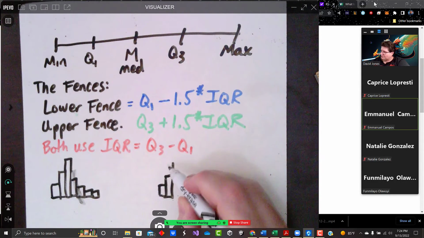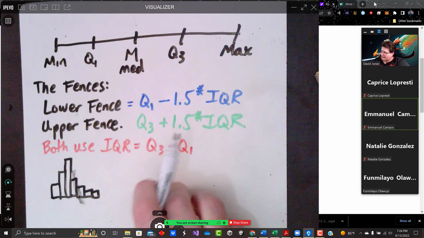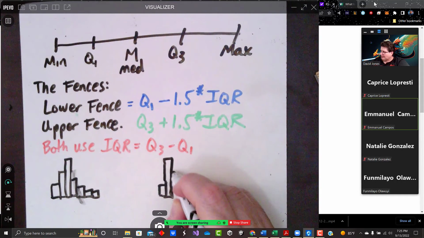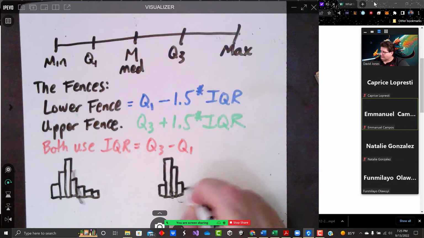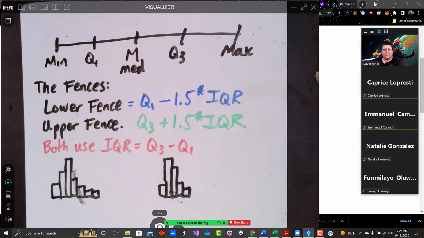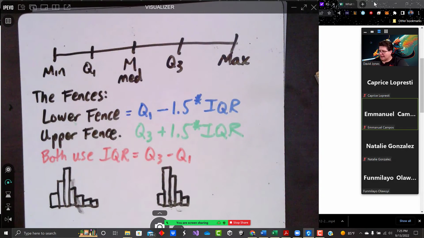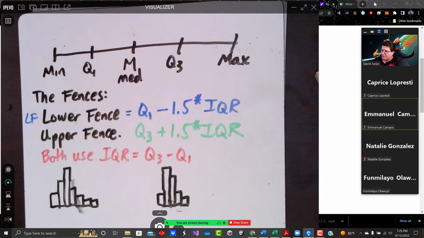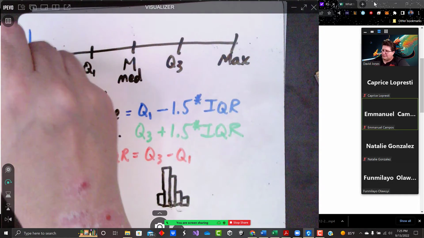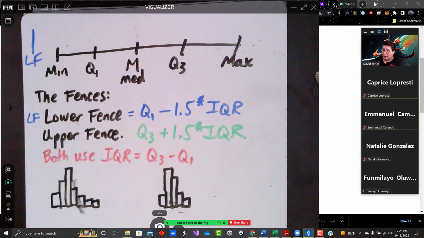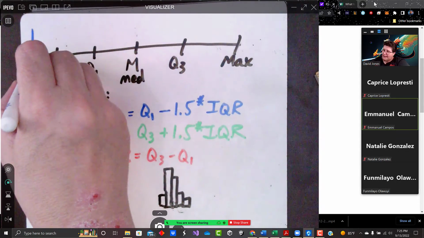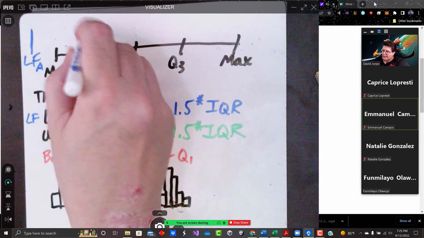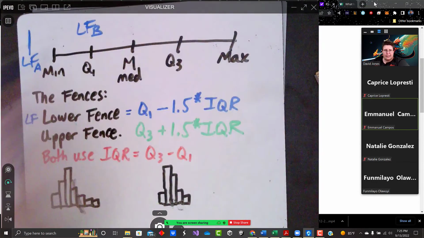Something that's skewed right, but maybe isn't skewed as much, looks like this. So two scenarios can happen. Let me focus on the lower fence, which I usually abbreviate LF. The lower fence can either be outside the min, lower than it. That's option A. And option B, the lower fence is inside, or above, the min.